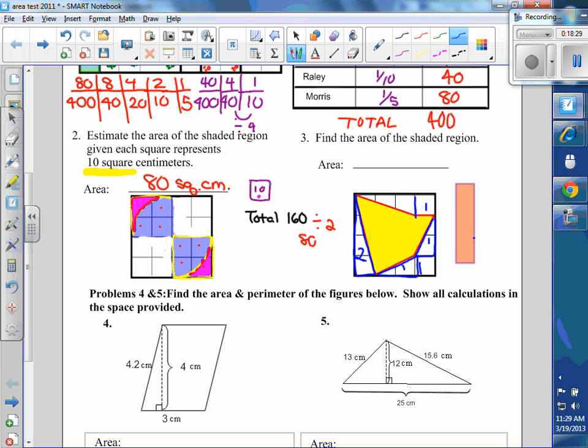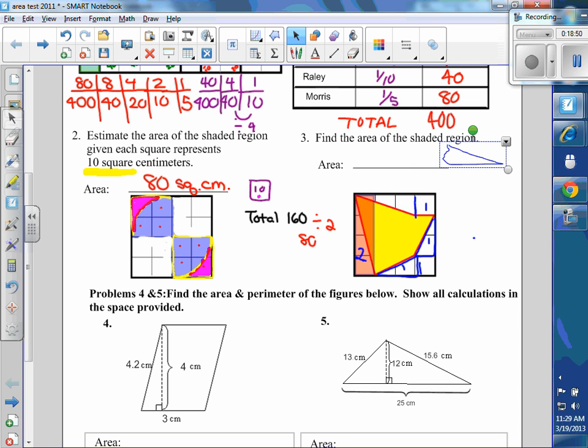What else? Is the last triangle the same or different than both of those? It's different. So Zoe, what do you think it is? The area of that triangle.